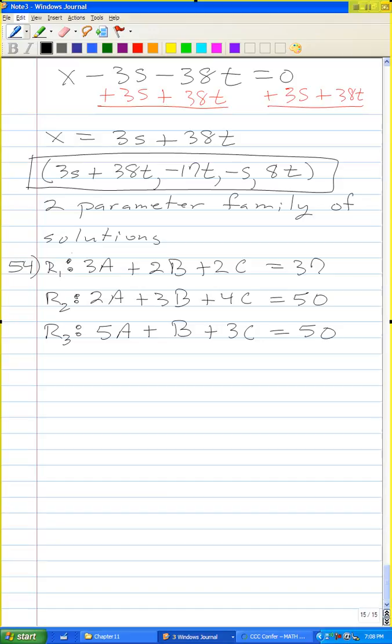And so let me just check by the way. It's 3 2 5, 3 2 5, 2 3 1, 2 3 1, 2 4 3, 2 4 3, 37, 50, 50. Okay. So I guess the easiest is to solve for B. So let's eliminate B first.